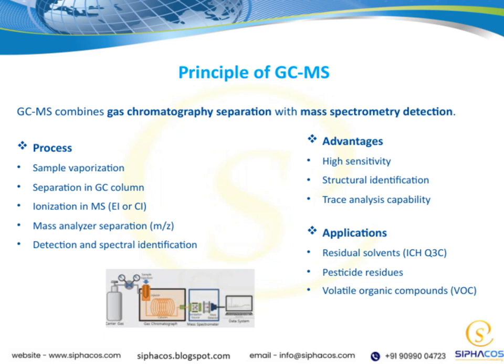The ions are then sorted in the mass analyzer based on their mass-to-charge ratio, or m/z. Finally, the detector captures this data, allowing us to generate spectral fingerprints for identification. This entire process enables precise, detailed analysis, making GCMS an indispensable tool in analytical chemistry.